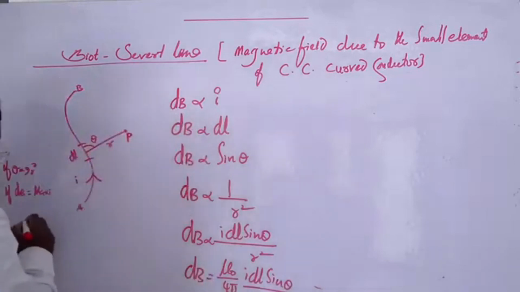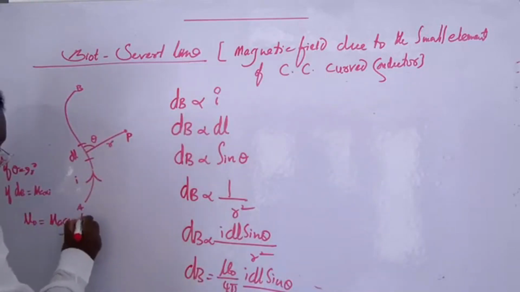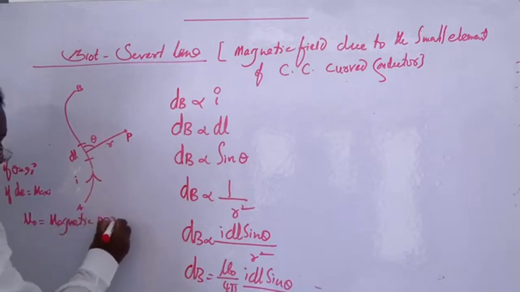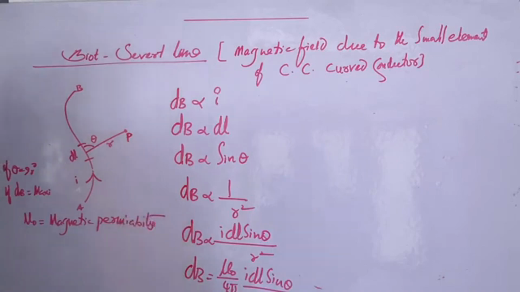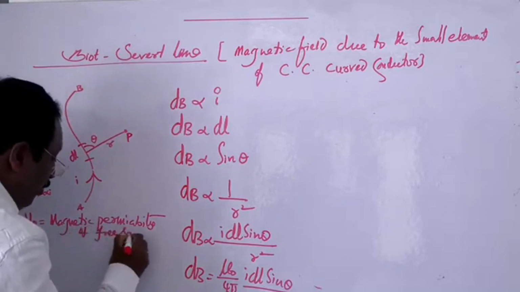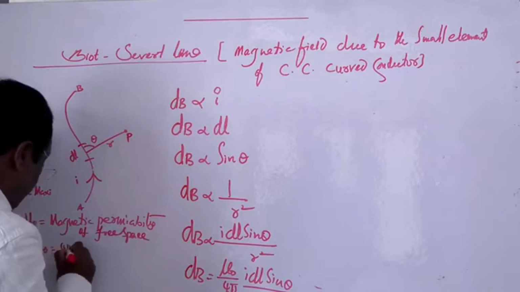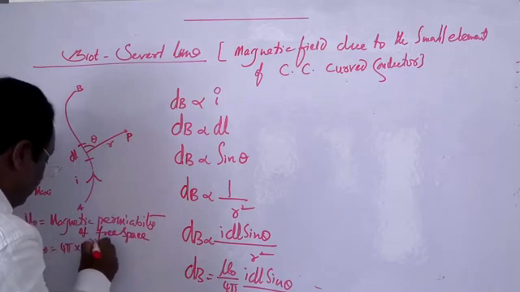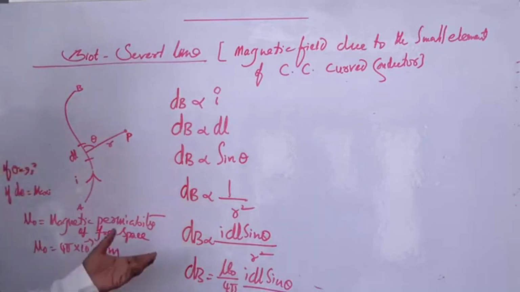Here mu naught is the magnetic permeability of free space. Its value is constant: 4 pi into 10 to the power of minus 7 Henry per meter.